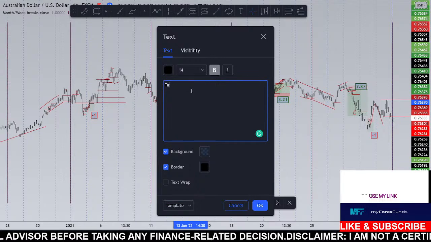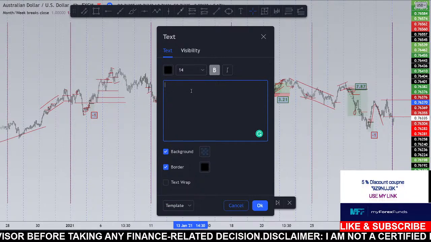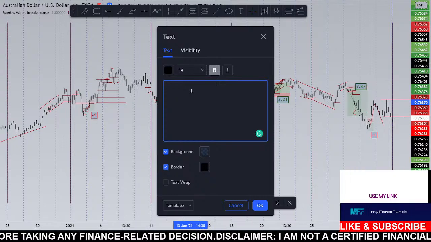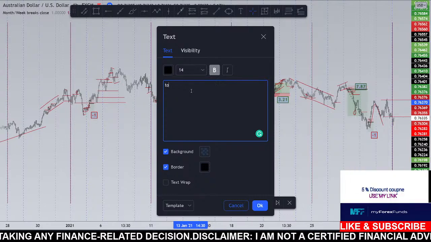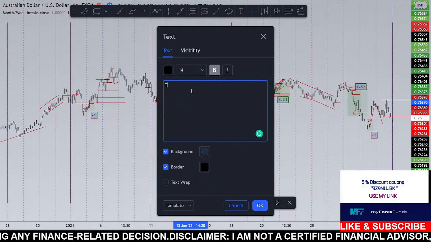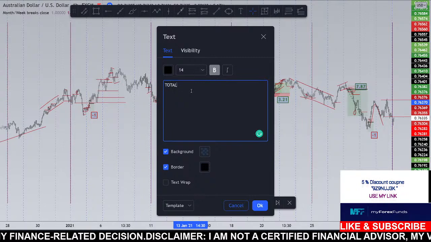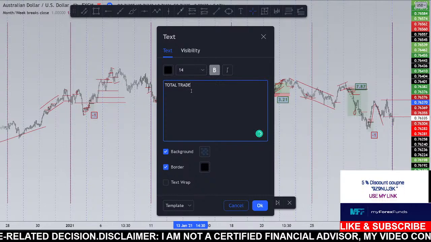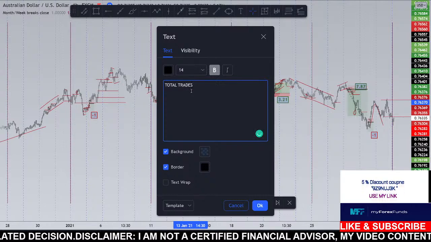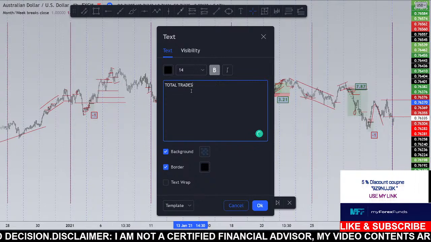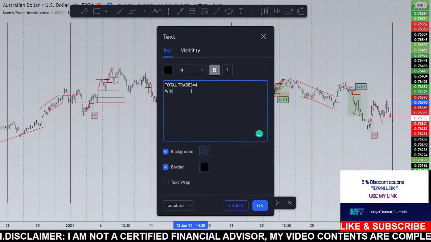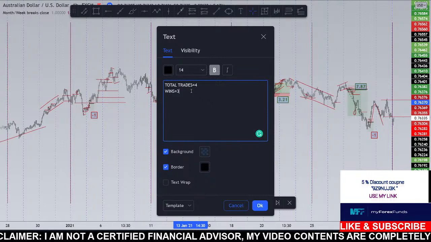Basically, if you see, almost 3 trades, one loss, 2 wins, but combined there are 4 trades. So total trades 4, wins 2.